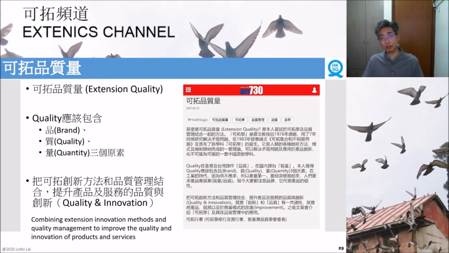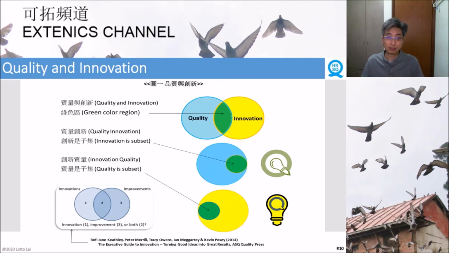What is the relationship between quality and innovation? This diagram explains it. Quality and innovation have a relationship. The green area is the intersection of the 2 sets. The relationship comes from the book The Executive Guide to Innovation from the ASQ publication.